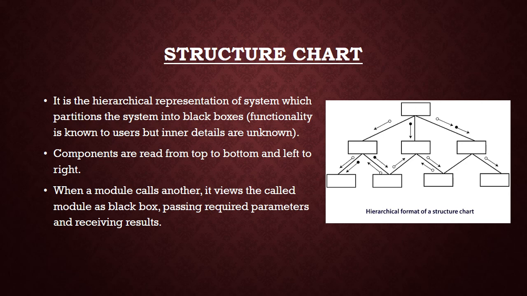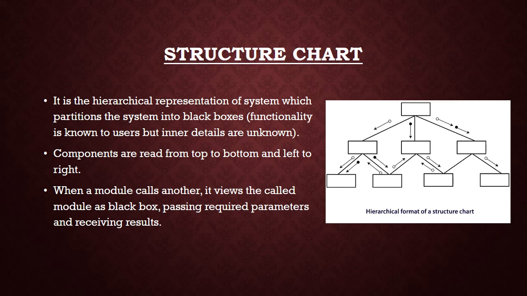So what does it mean? It means that the structure chart is a graphical representation of the entire system, in which we treat the system as a black box where the functionality is known to the user, but not the internal details of the designing process. The entire system is partitioned into simple modules, forming a hierarchy of component modules.